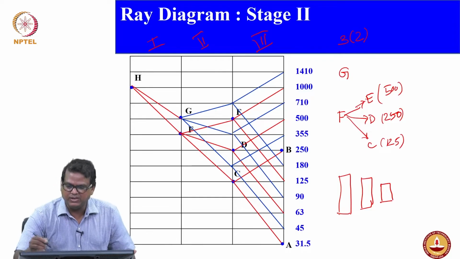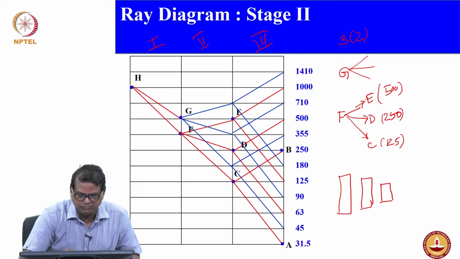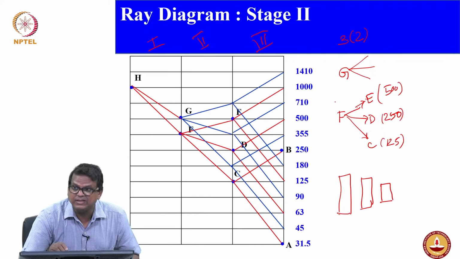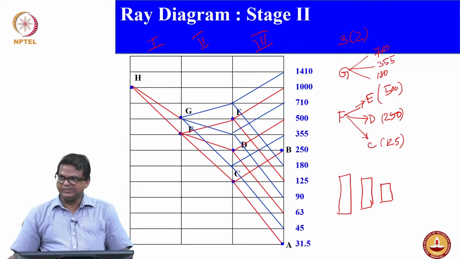The G speeds would be 180, 355 and 710, right? 180, 355 and 710. So 3 speeds you would expect, okay.